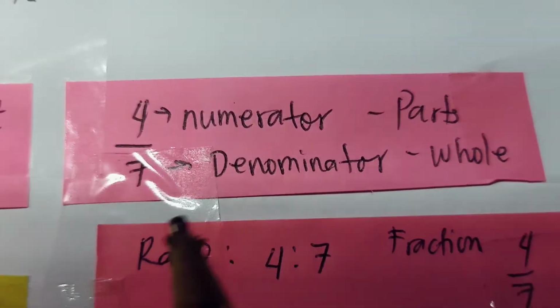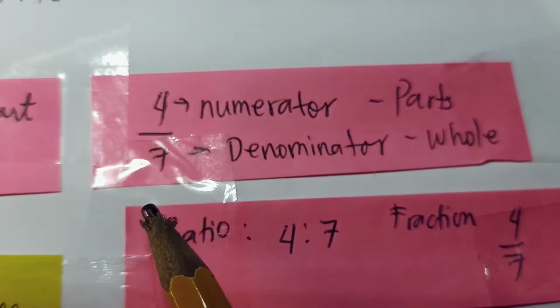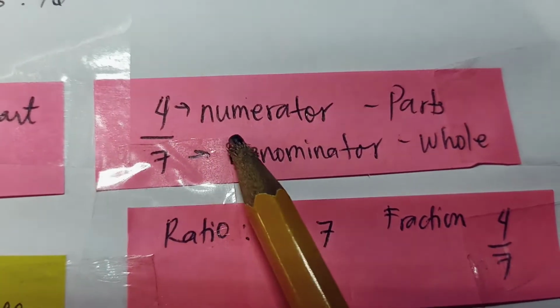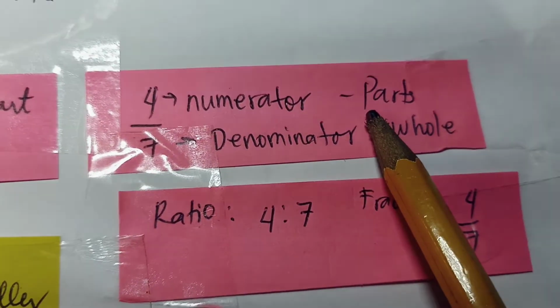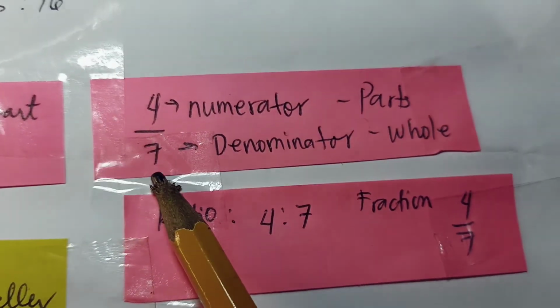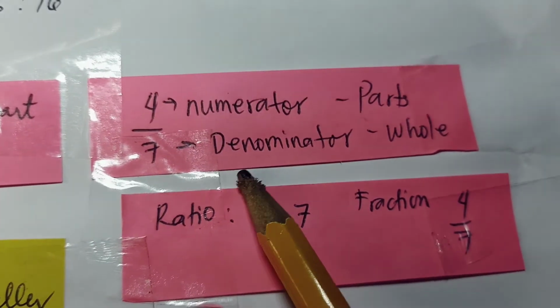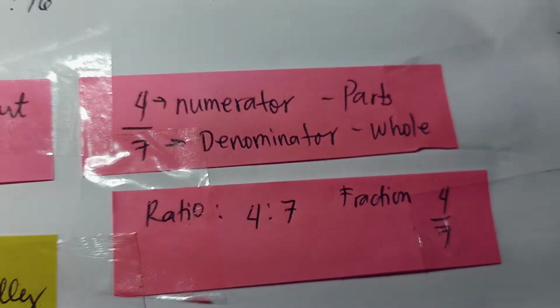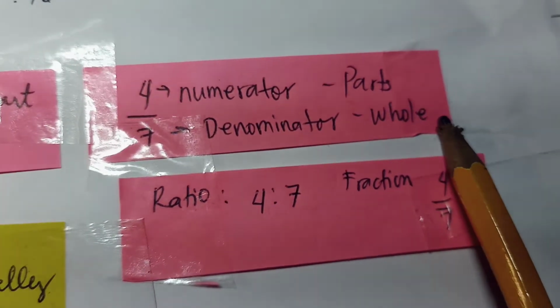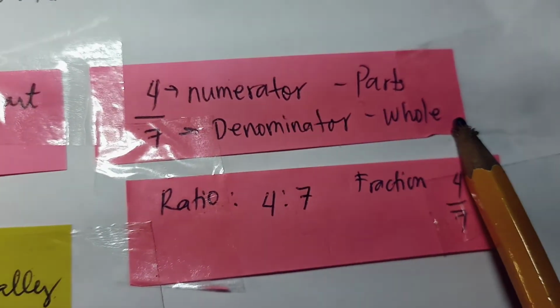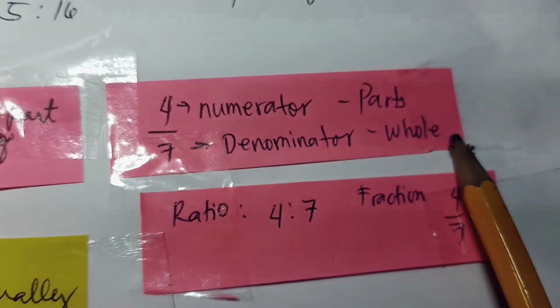For example, 4 over 7. The 4 is our numerator, which tells about only the part. And 7 is the denominator. It tells about the whole or the total number in all.